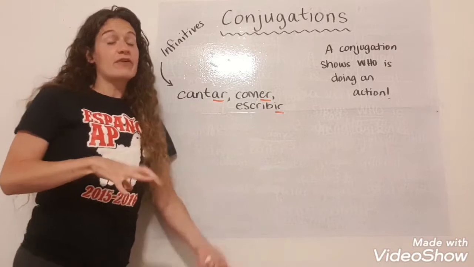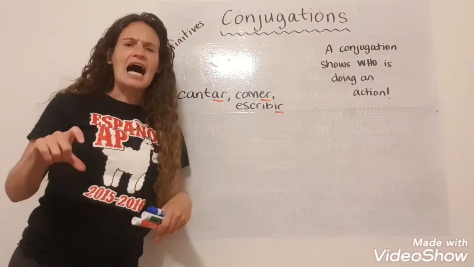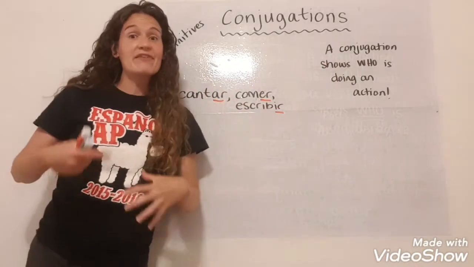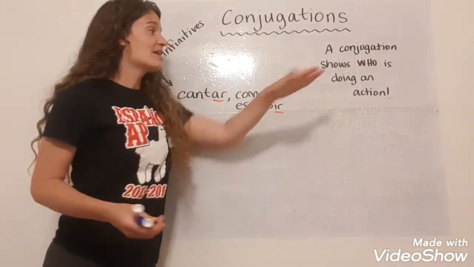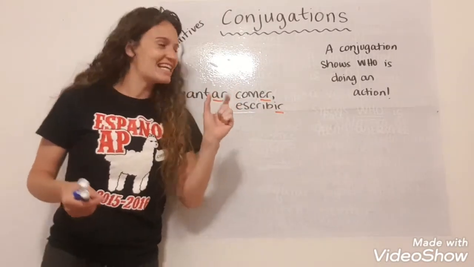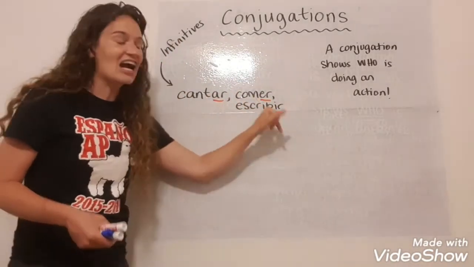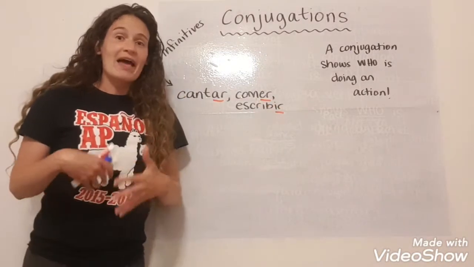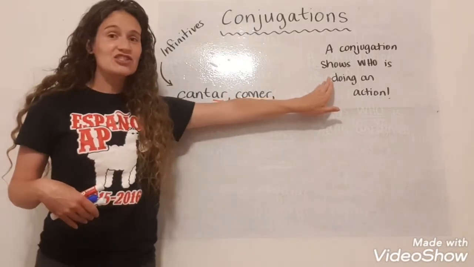Now that we know what infinitives are, let's talk about what it means to conjugate. A conjugation is a form of the infinitive of the verb that shows who is doing the action. By changing the ending, by taking off that AR, ER, or IR and replacing it with something else, it automatically will show who is doing the action.